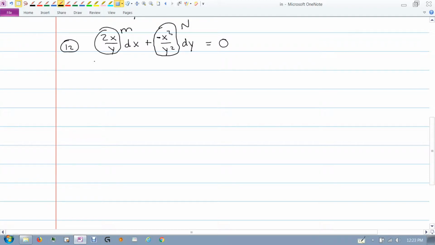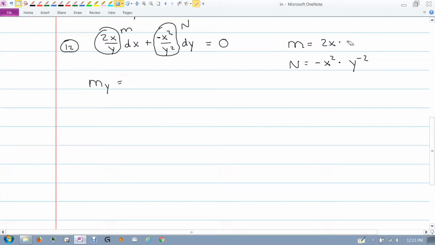So remember, M is actually, if we want to look at it a different way, 2x times 1 over y. And then N, we rewrite that, that's negative x squared times y to the negative 2. So that's that 1 over y squared, we're just going to bring it up. That might just make our derivatives a little easier. So partial of M with respect to y.